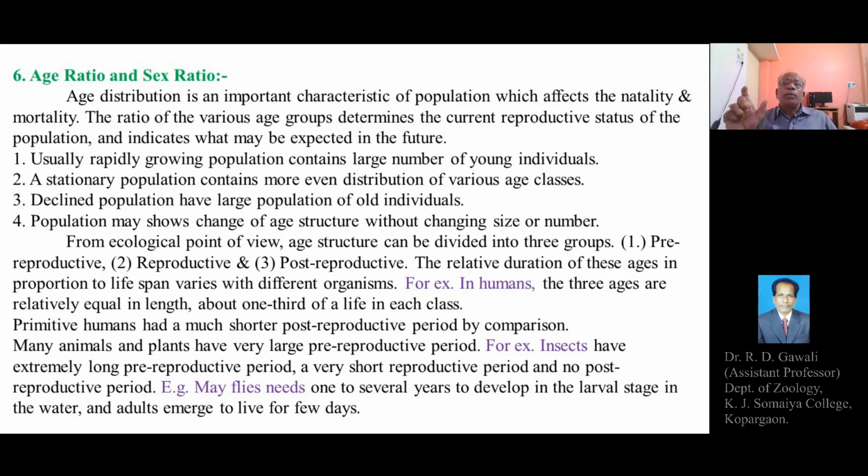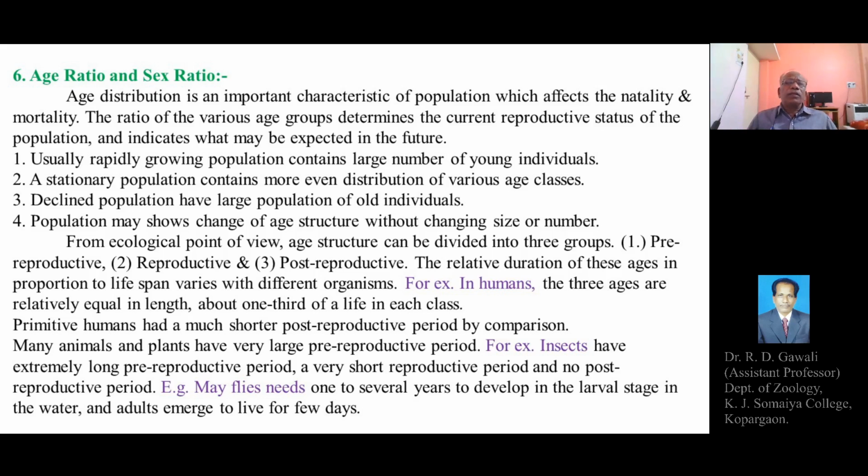So each age group has more or less an equal number of individuals, indicating that the population is stable or stationary.